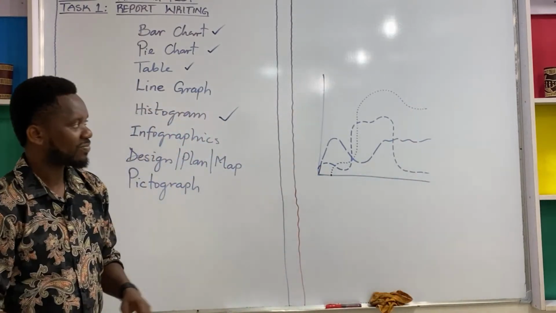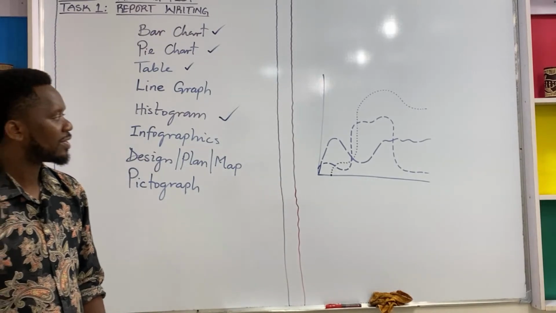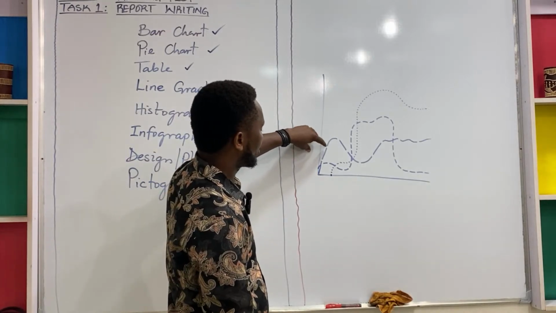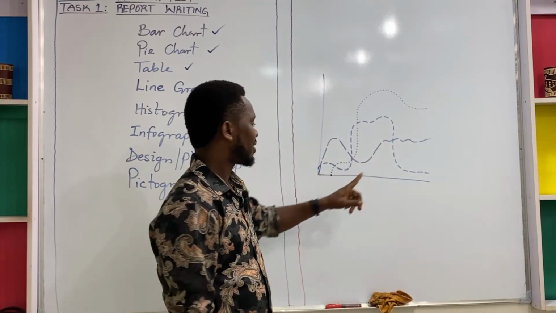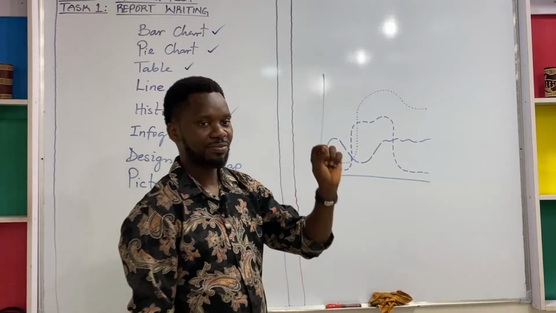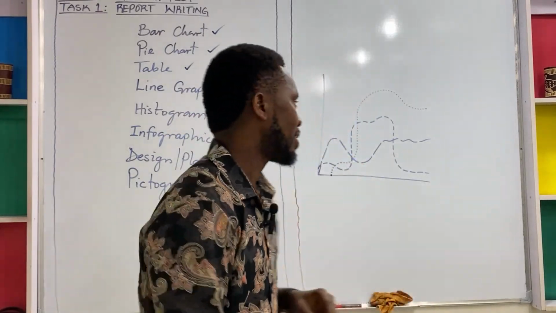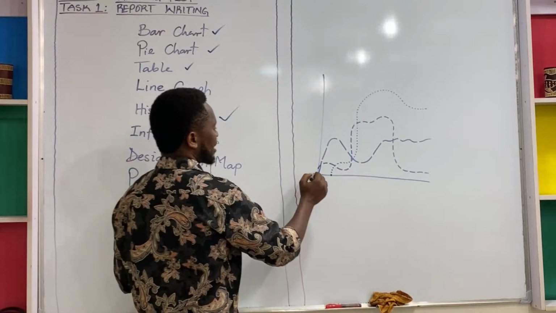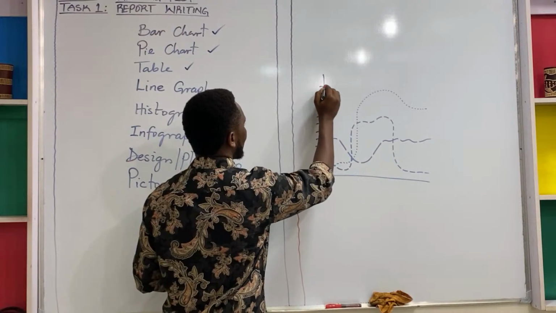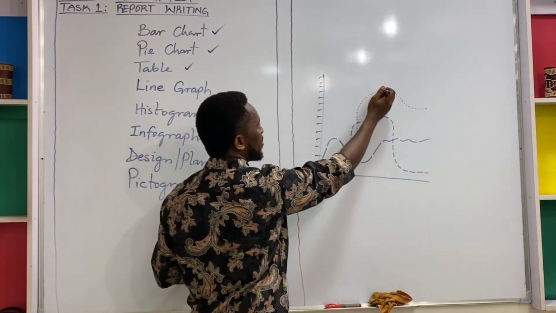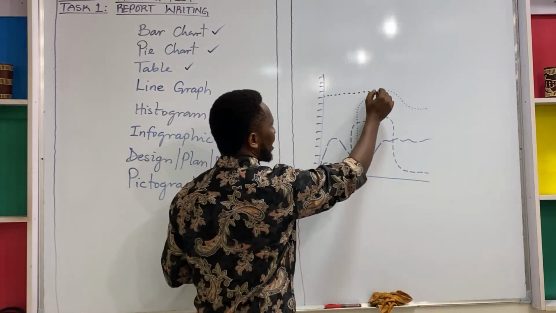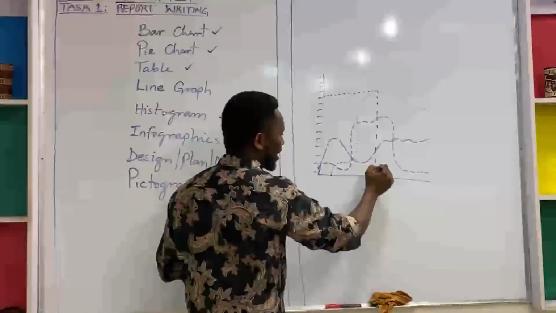So the difference in the three lines: you can consider this one as long broken lines, this is a short broken line, and this you can consider as dotted lines, right? But then you would also realize that there will be units of measurement. So for you to talk about what happened at this point, you want to trace it down and bring it down to the particular year, right?